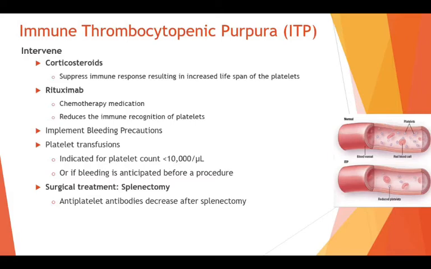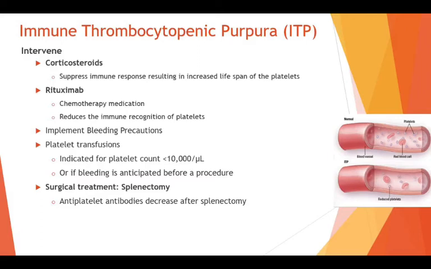If your platelets are completely gone, they can give you platelet transfusions, or if bleeding is anticipated before a procedure, they may give you an infusion of platelets. Otherwise, we will try to reduce the immune system targeting the platelets with the chemotherapy medication that I cannot say the name of, or a splenectomy will actually remove the antibodies to platelets.